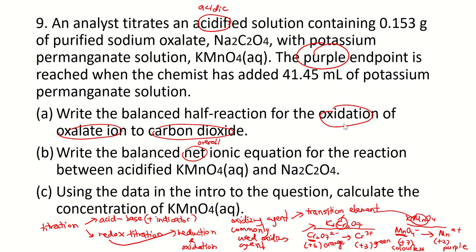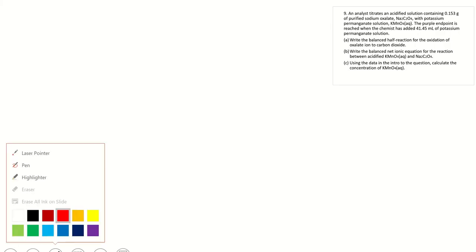Just balance the half equation for oxidation. Okay, A. For oxidation, we know that oxalate ion C2O4 2 minus becomes CO2. You must remember to balance EOHC.